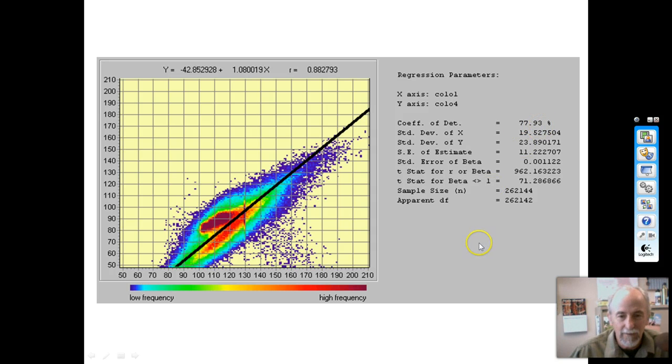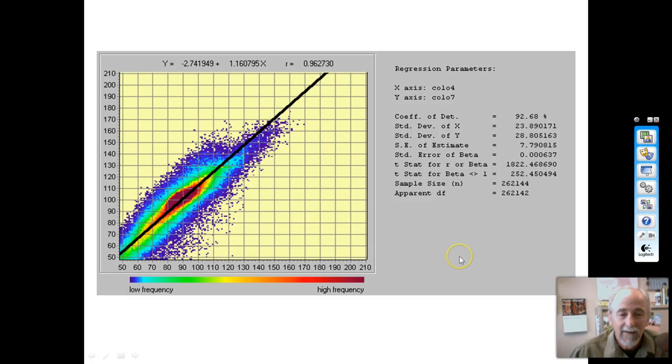Okay, so the interpretation of that is that 77.9% of the variance in one of these channels can be explained, or you might say is redundant, with the variance in another channel here. So it's highly linear, and you might say correlated, right?